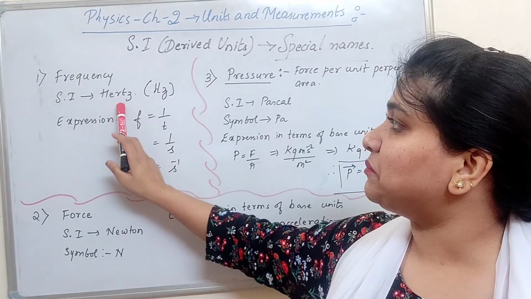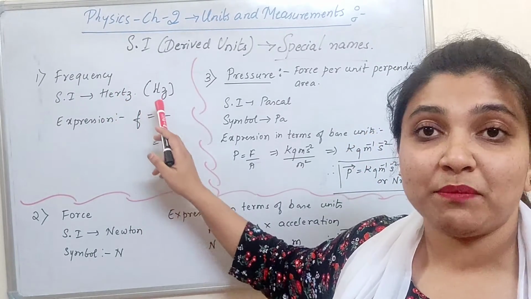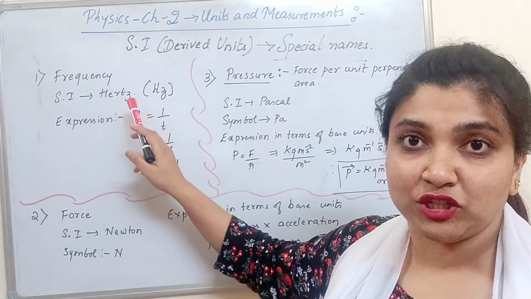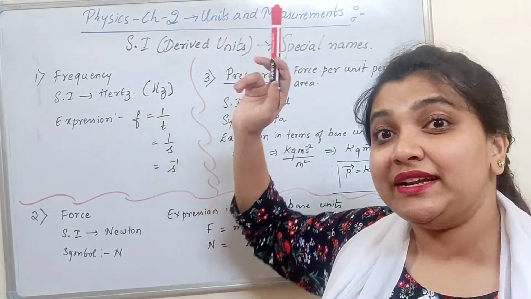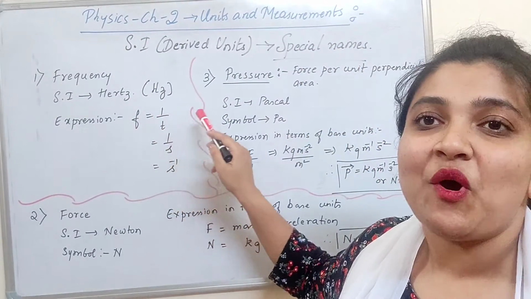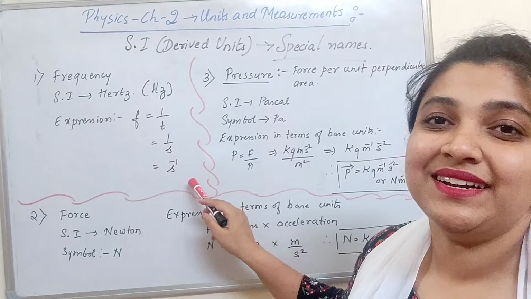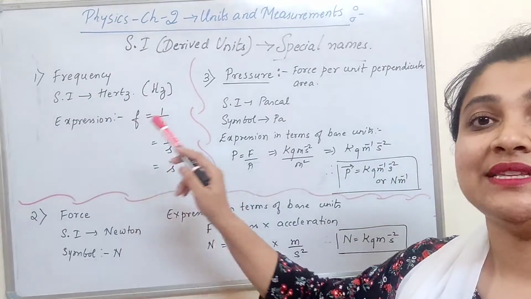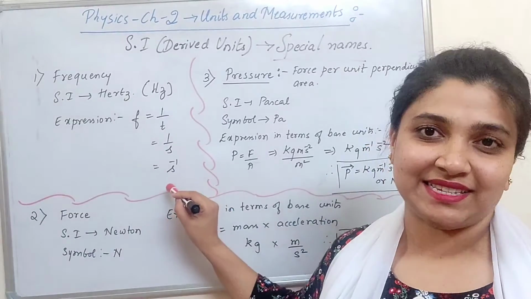So hertz is nothing but frequency, that is nothing but 1 by time period. We know that hertz is not a base quantity, right? So it's a derived quantity. Derived from where? Second. So therefore frequency is equal to 1 by time or 1 by second or per second. So therefore the frequency has a base derived unit as per second.